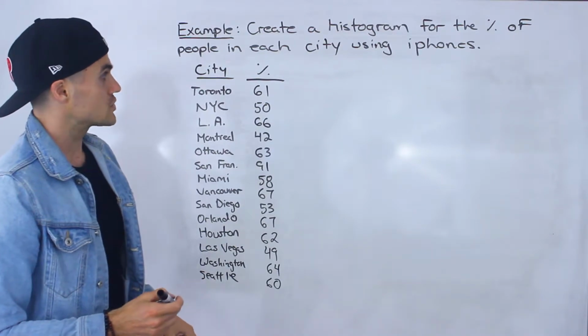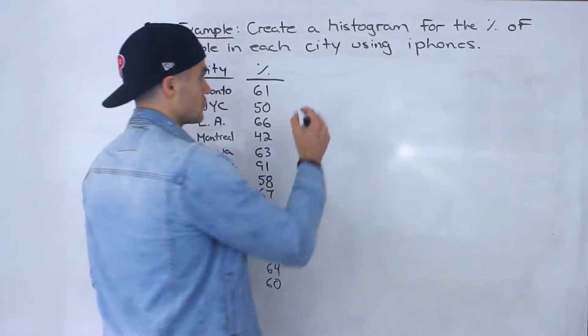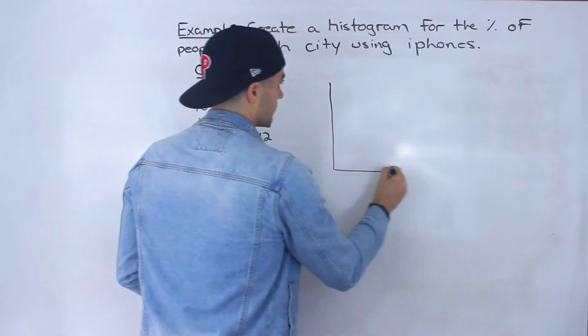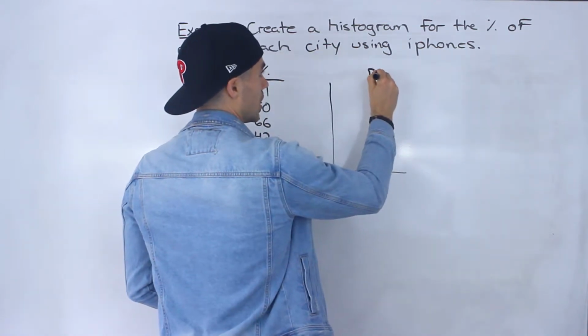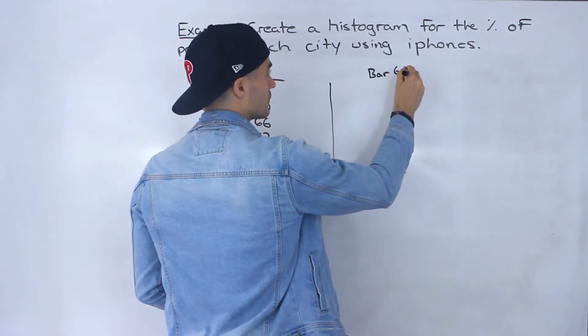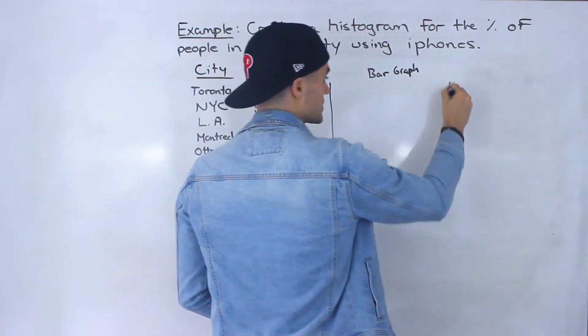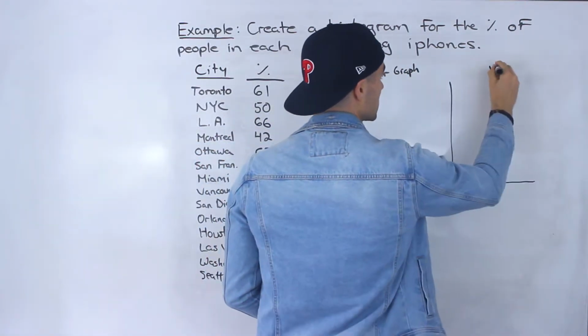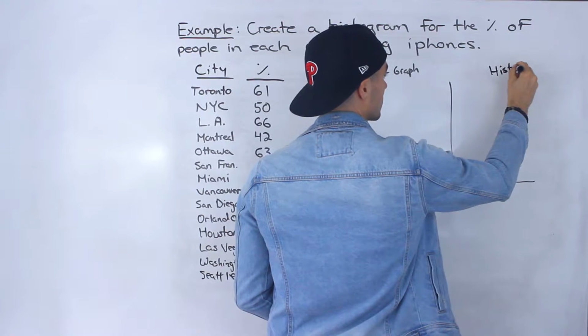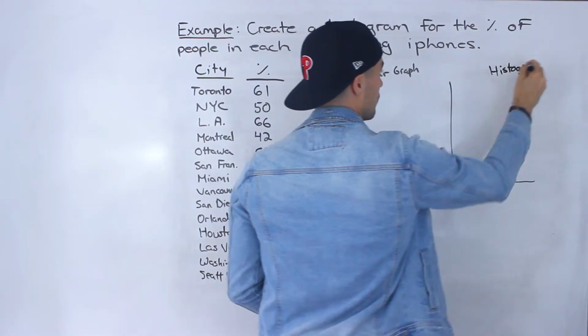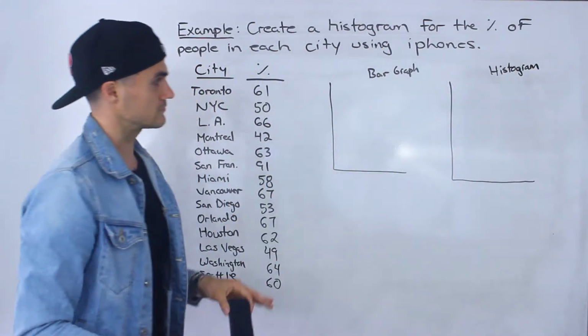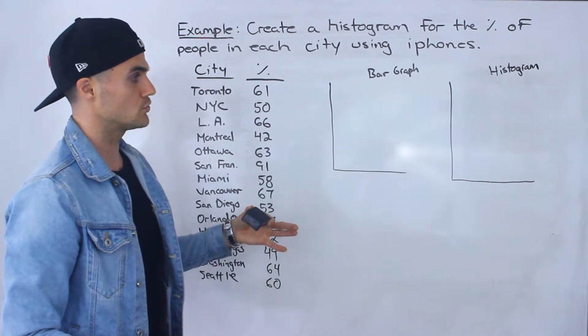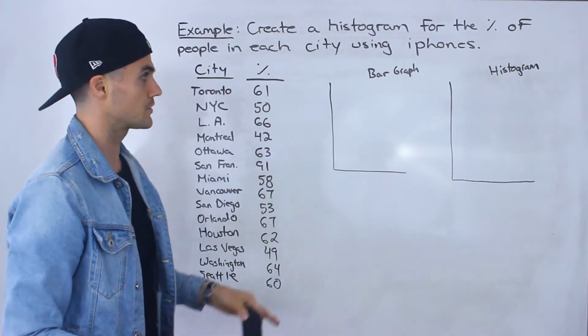Now, before making the histogram, I actually want to mention some brief differences between a bar graph and a histogram, because when you look at them initially, they are very similar, but when you go into more detail, you start to notice all the differences.